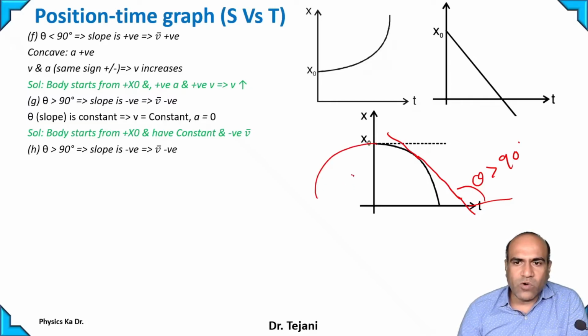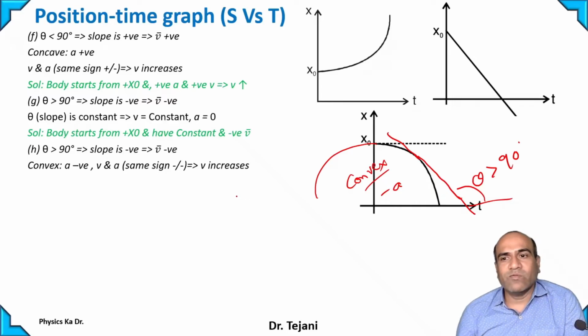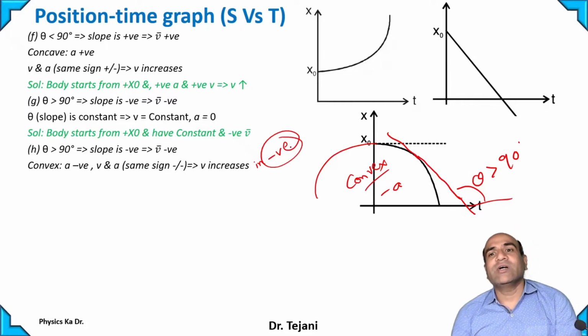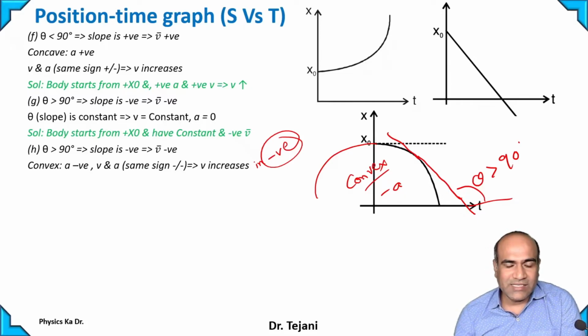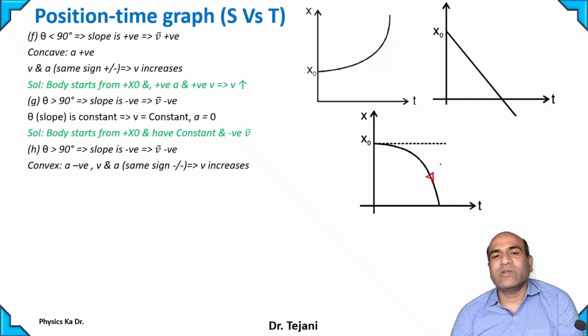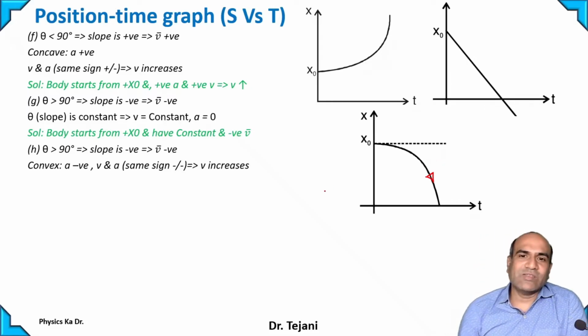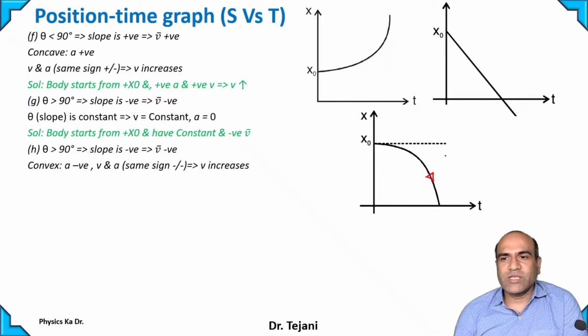Next is shape: convex, and convex means acceleration is negative. Velocity negative, acceleration negative, so velocity increases in the negative direction. Or we can simply say velocity decreases. See here, it is going towards the negative side.